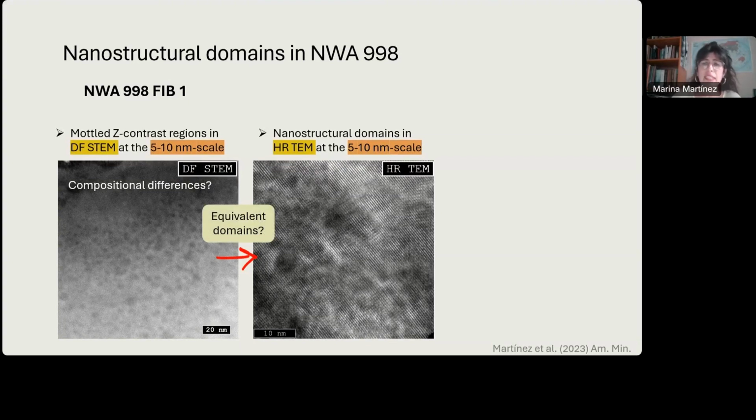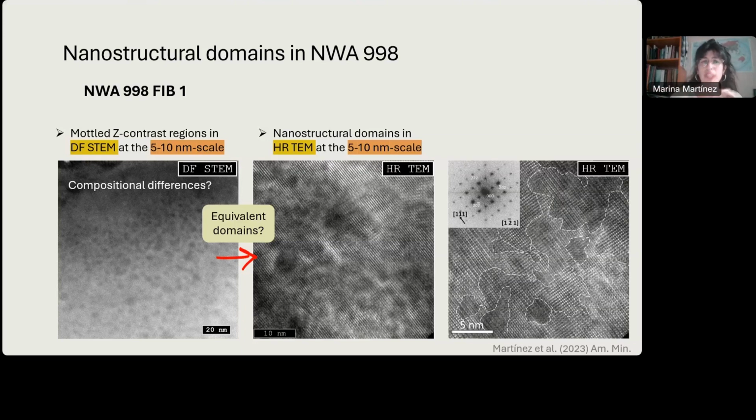These differences in contrast, this is what we see here, are due to slight misorientations of the crystal relative to the incident beam.